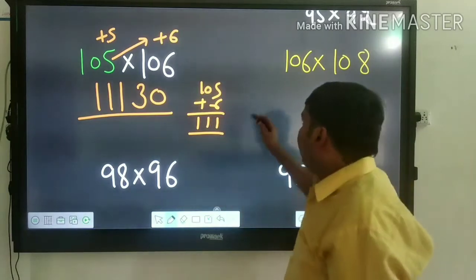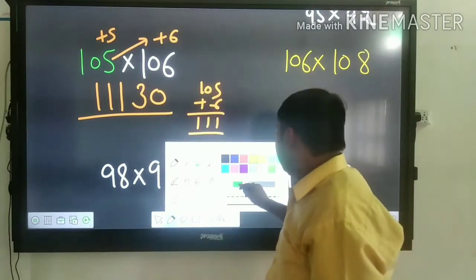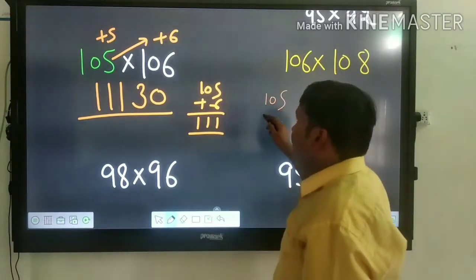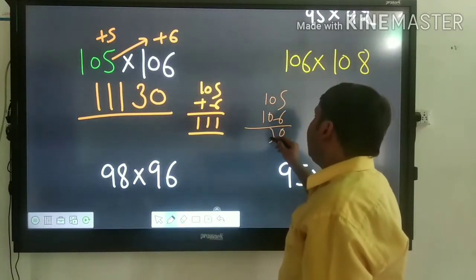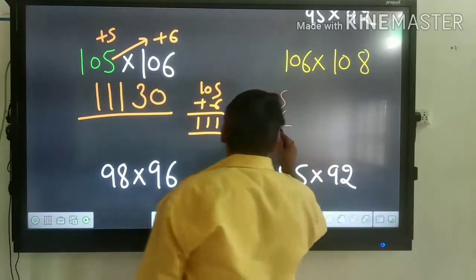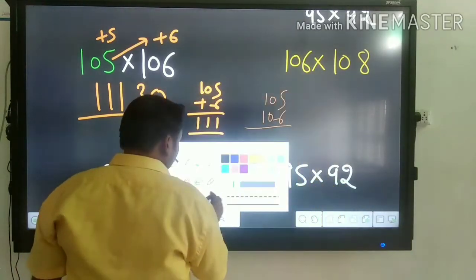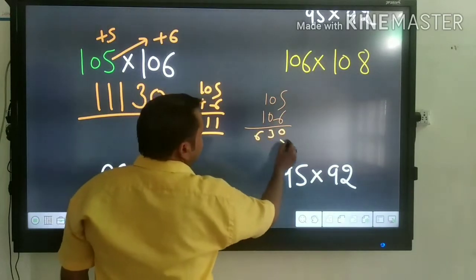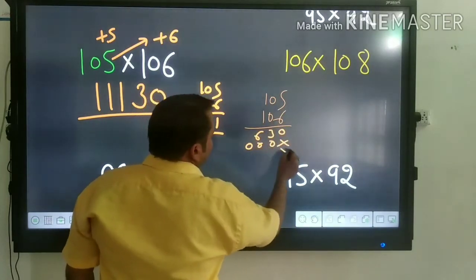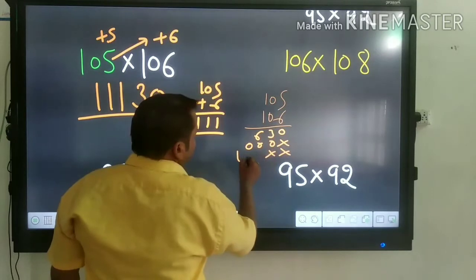So student, I am going to verify this question with the traditional multiplication method. So you may see that 105 multiplied by 106 gives 630, 000 and 105.